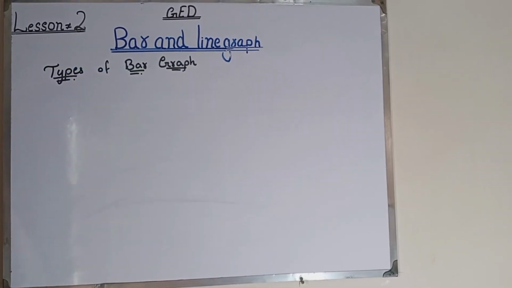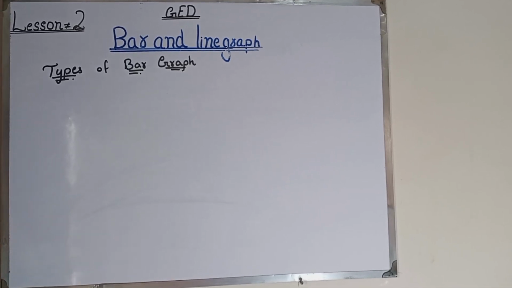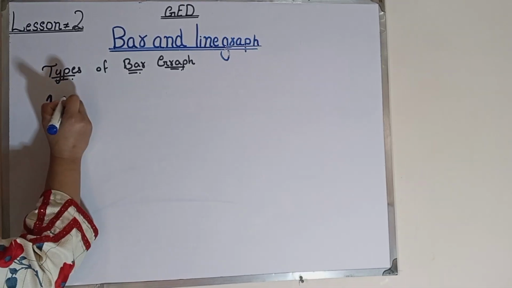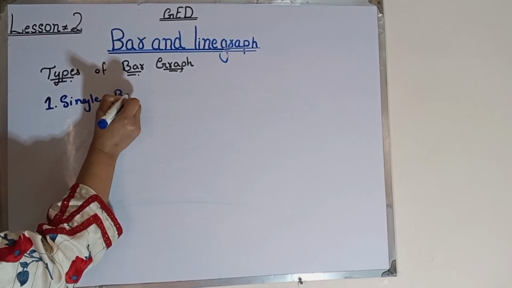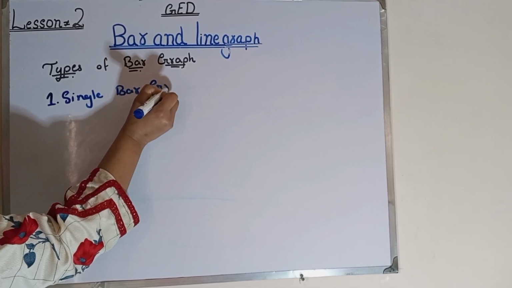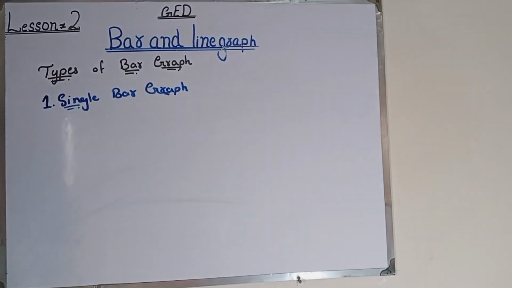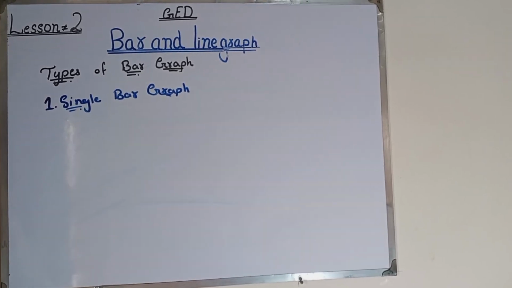Okay, next we are discussing the types of bar graph. Single bar graph. A single bar graph shows one type of data, uses one color only.